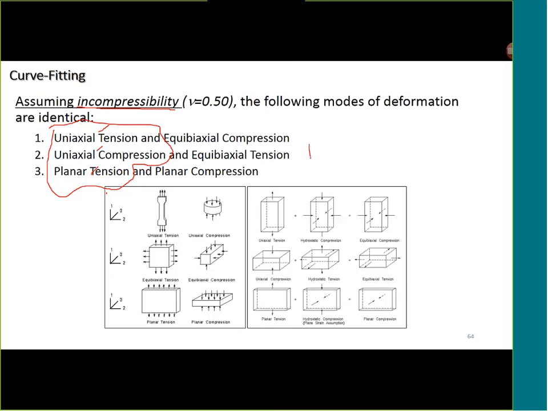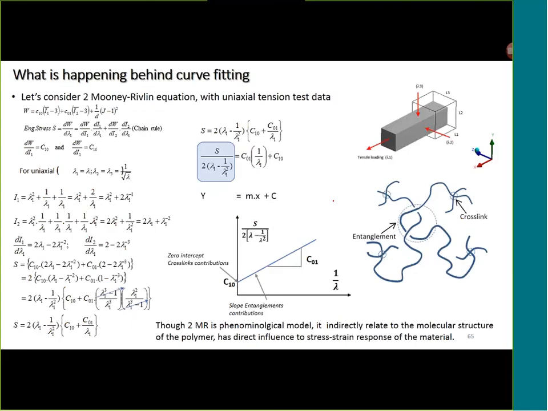If it is perfectly incompressible, we don't need volumetric test data. If it is nearly incompressible, we need volumetric test data as well to completely characterize the material.